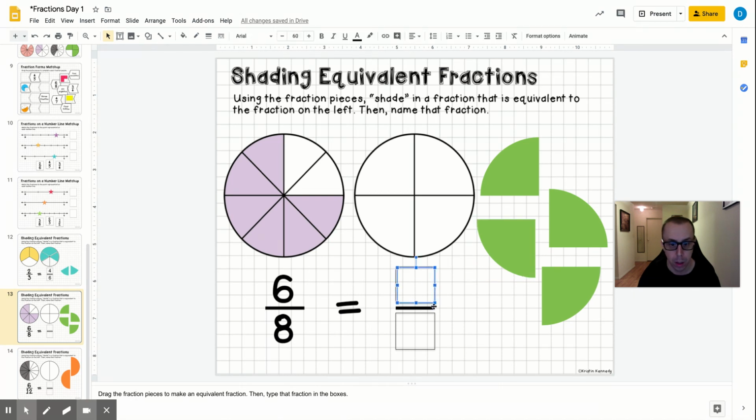Okay, so 3 out of 4, and if I look at these digits, since I cut 6 in half, or divided 6 by 2, I get 3, and 8 divided by 2 is 4. Since I do the same thing to each digit, 6 and 8, divide by 2, get 3 and 4, that means that these two fractions are equal.